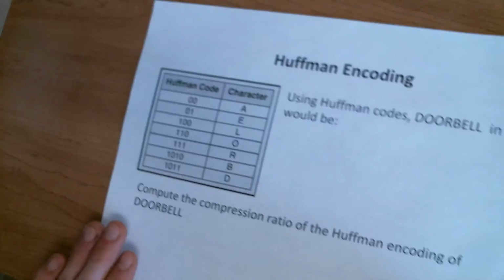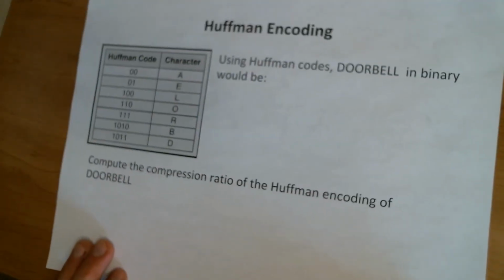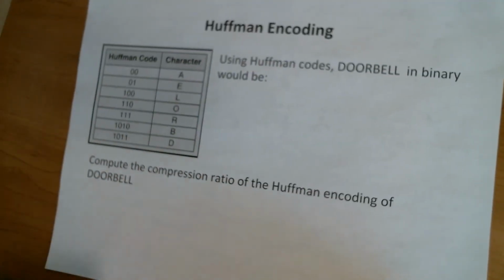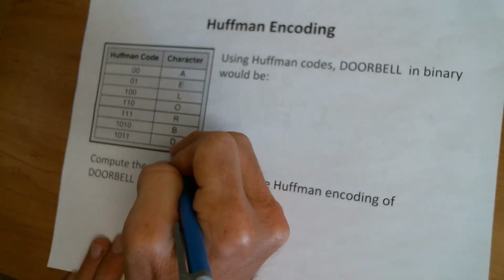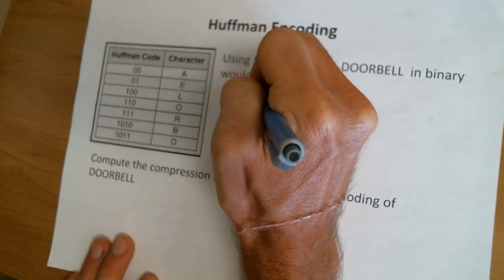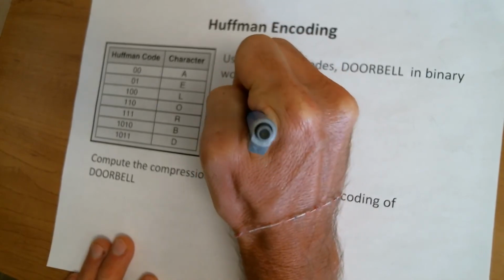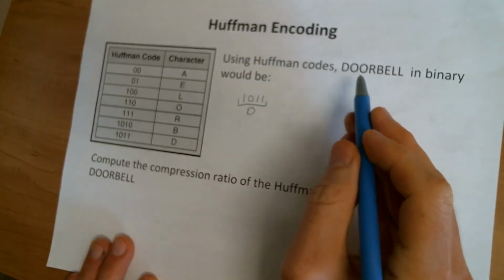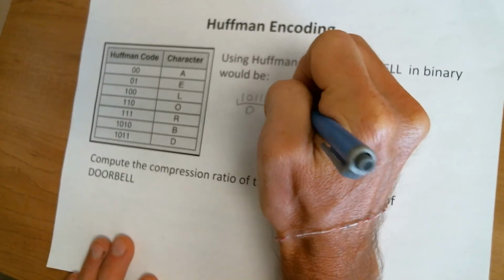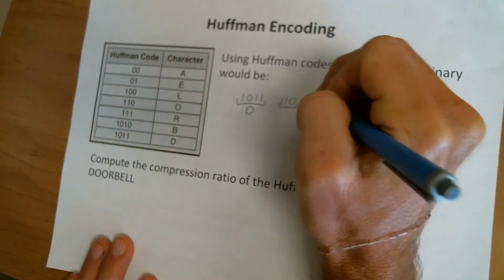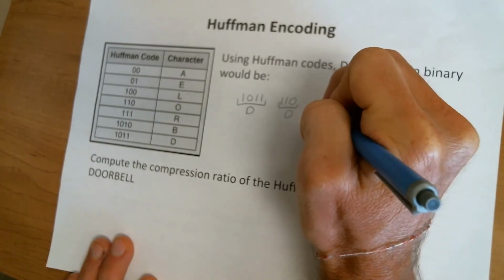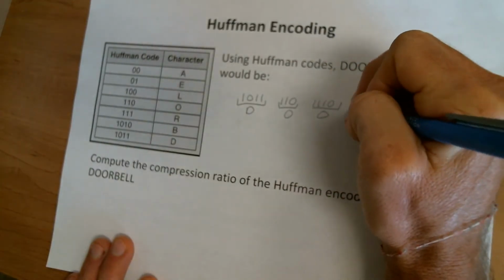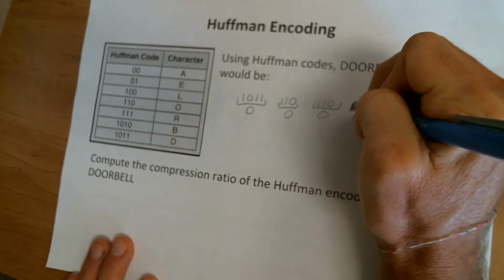All right, so let's take a look at an example here. So using Huffman codes, doorbell in binary would be, all right, so the D is one of the less common letters, so that would be 011. There's our D. O is 110. Then we have another O, so that's 110 again. Then we have an R, whoops, put it in the wrong order there.